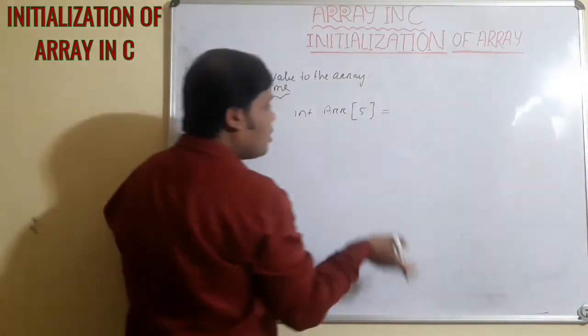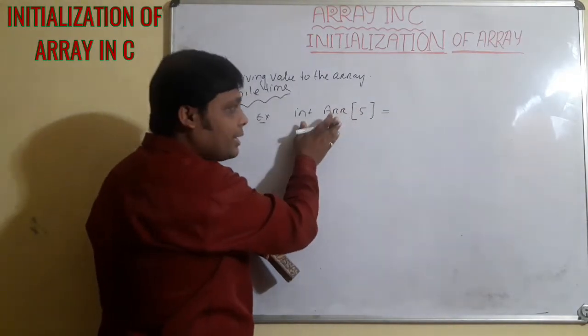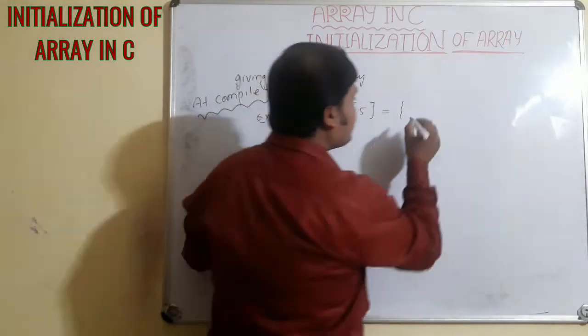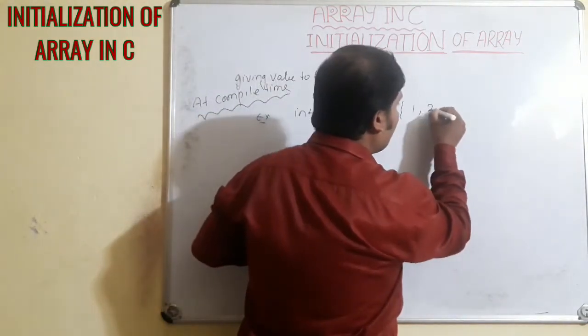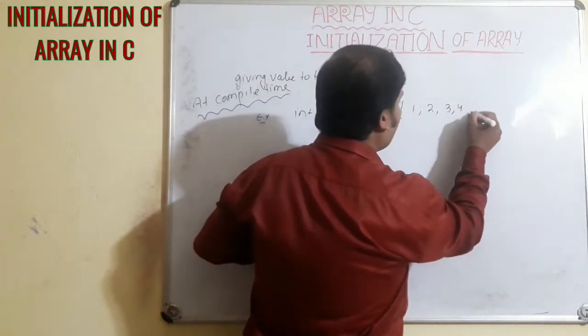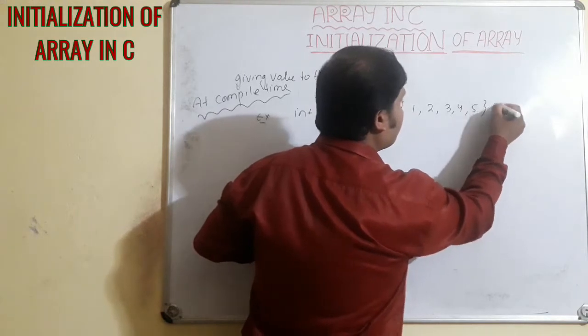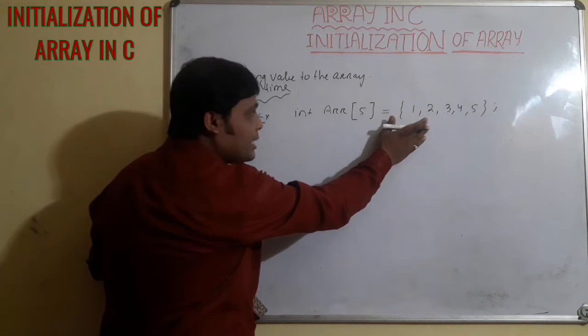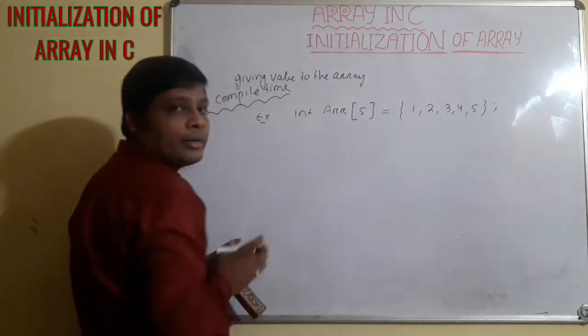Now see how I am initializing this array at compile time. These are curly braces, then I am giving values 1, 2, 3, 4 and 5. This is how I can initialize one array at compile time.